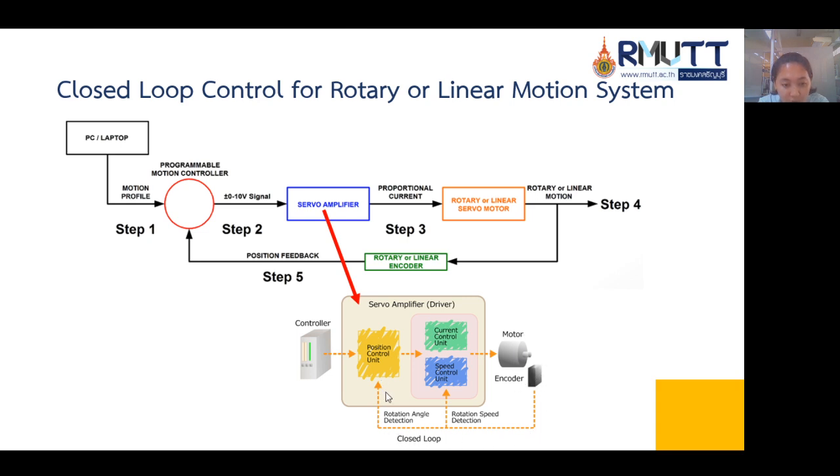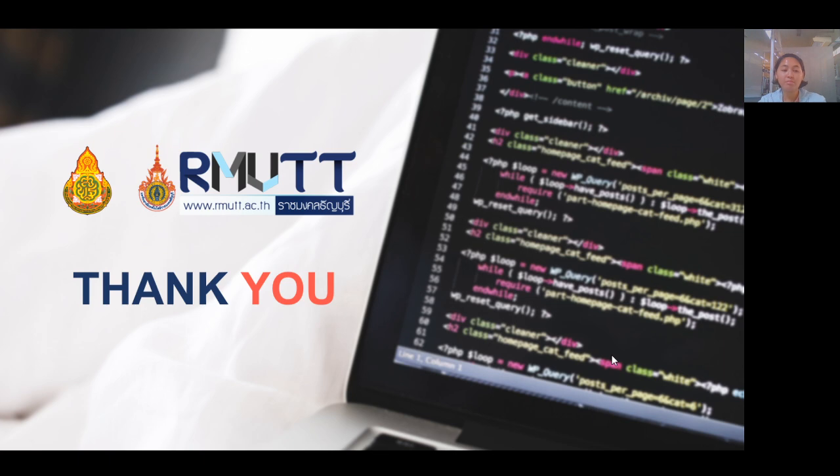This is the closed loop feedback mechanism. This is for rotation speed detection, close to the speed control unit and current control unit, and then the rotation angle detection, close to the feed to the position control unit.